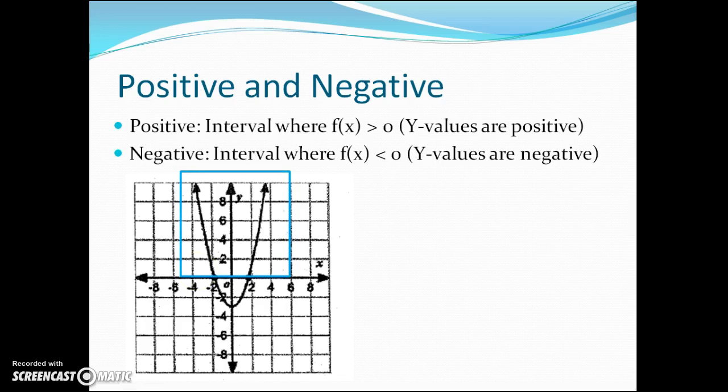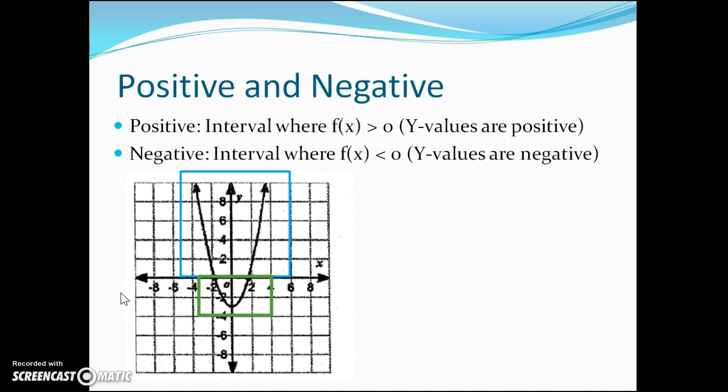So our function is positive above the x-axis. So I just drew a little blue box around everywhere that it's positive. It's negative when the function is below 0 or below the x-axis where the y values are negative. So it is negative right in here.